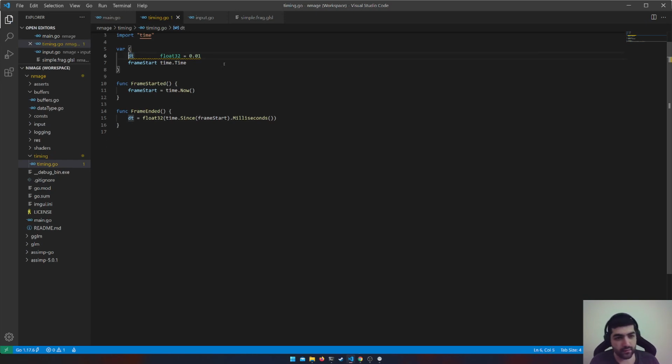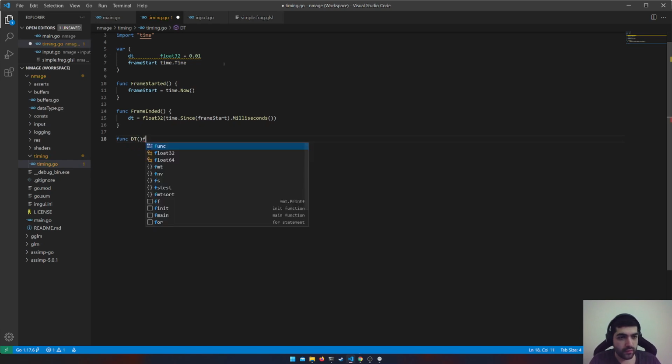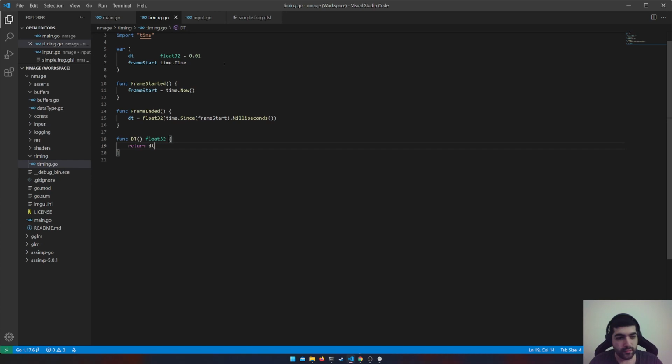What do you guys think? Well, I think it's okay to make it a variable, but then someone could change it. Well, let's do a function that gives back the dt. If it's annoying, we can change it. But I think that's about it.